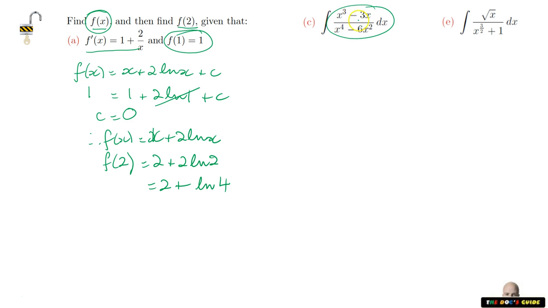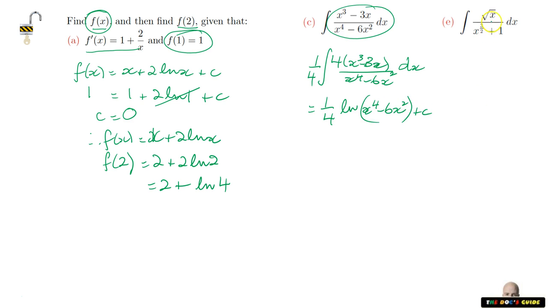And we can see that the only difference then is that if we had a 4 up the top, then we would now have the top being the differential of the bottom. So if we put the 4 in there, we've got to take a quarter out. So we've got a quarter of the log of the bottom.